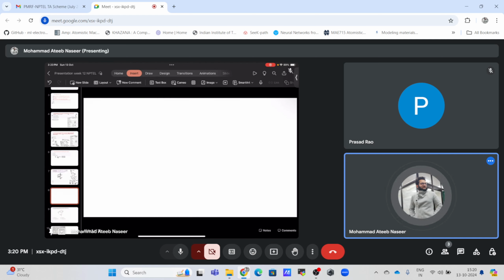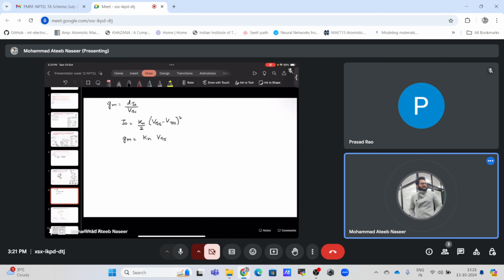We know Gm is dId by dVgs, and Id in saturation is Kn by 2 times Vgs minus Vtn whole squared, so Gm is Kn times Vgs minus Vt.